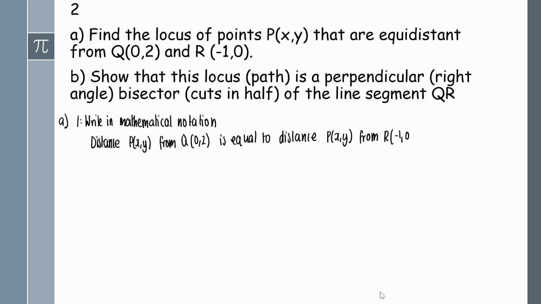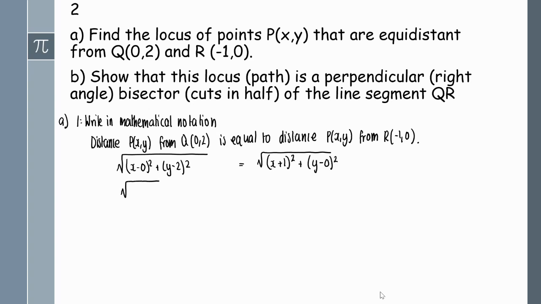Now let's express this mathematically. Distance of P(x, y) from Q(0, 2), again I just use my distance formula, so x minus the other x, 0, squared, plus y minus 2 squared. Take the square root, that is equal to the distance of P(x, y) from R(-1, 0).